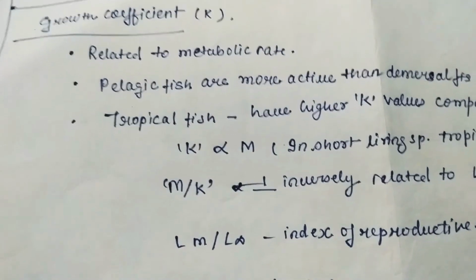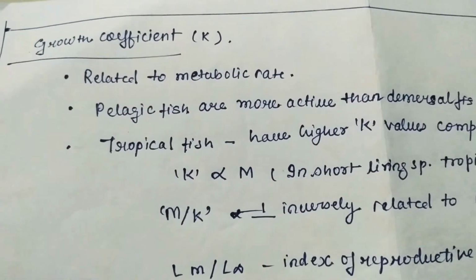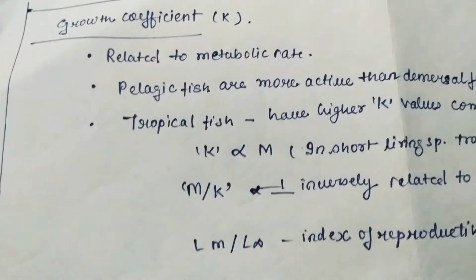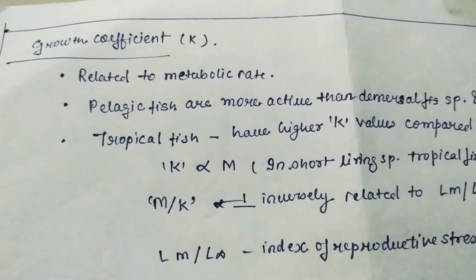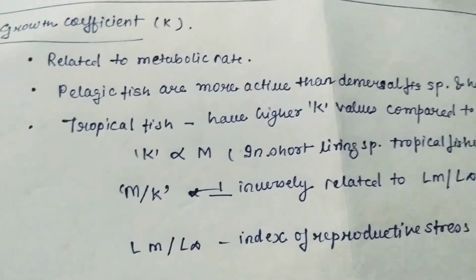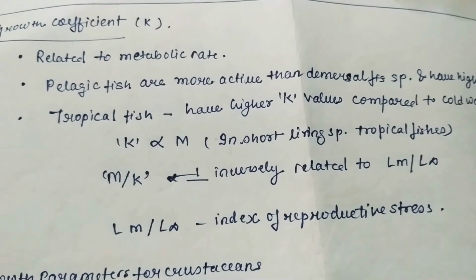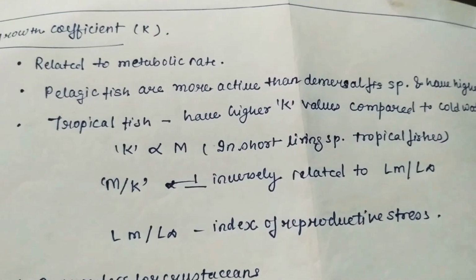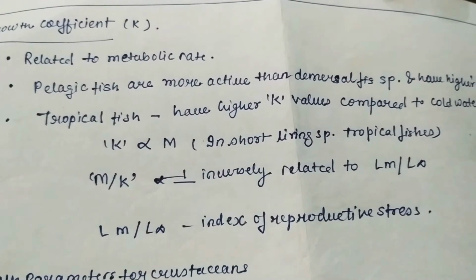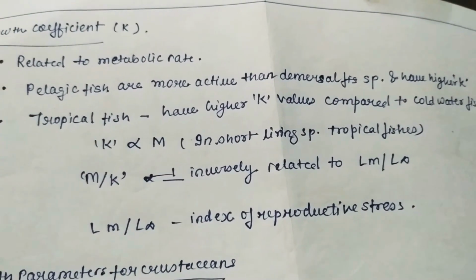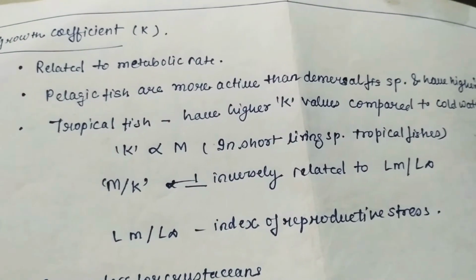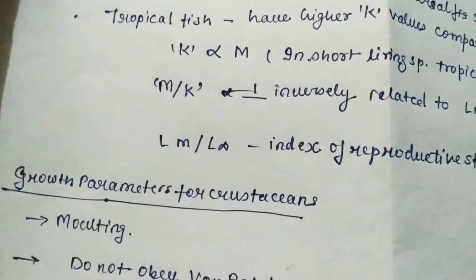This is important for MCQ. It is related to metabolic rate: pelagic fishes are more active than demersal fishes, so pelagic fishes will have a higher K value.